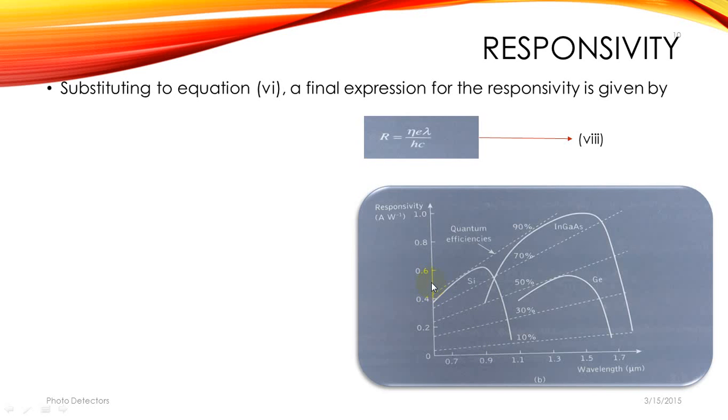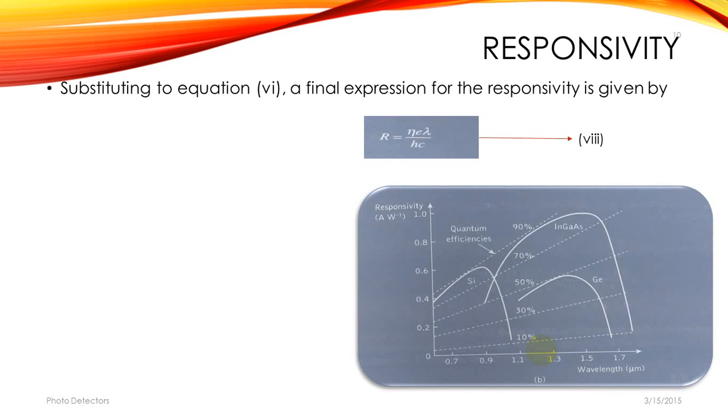and 0.65 ampere per watt at signal wavelengths of 0.90 micrometer, and 1 ampere per watt at signal wavelength of 1.30 micrometer respectively, for silicon and germanium photodiodes.